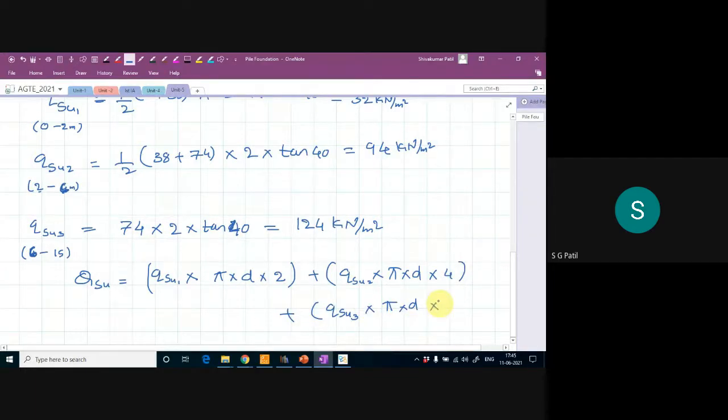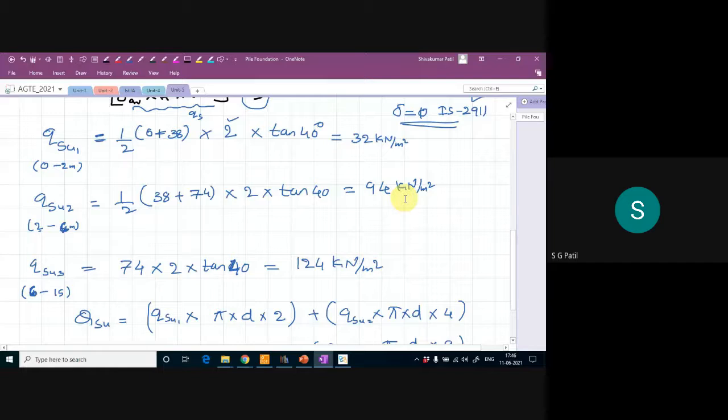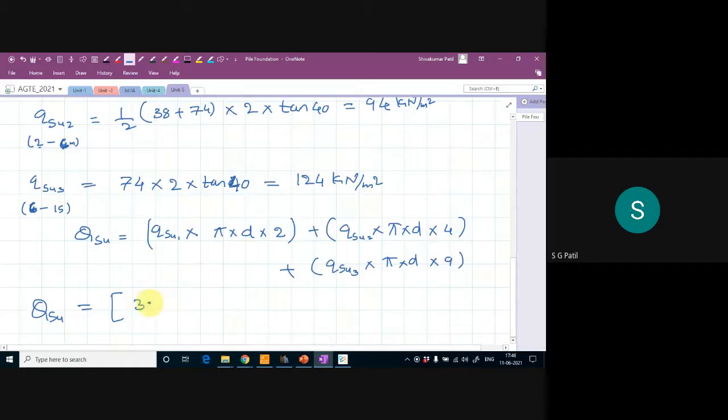Plus my second QSU2 into my surface area pi d into the length of pile. Length here is 2 to 6, no? That is 4 meter. Plus QSU3 into pi into D into the distance here, 6 minus 15, that is 9 meter.